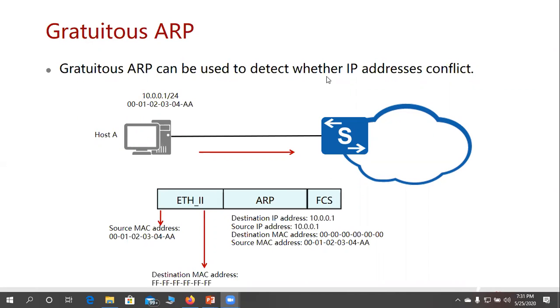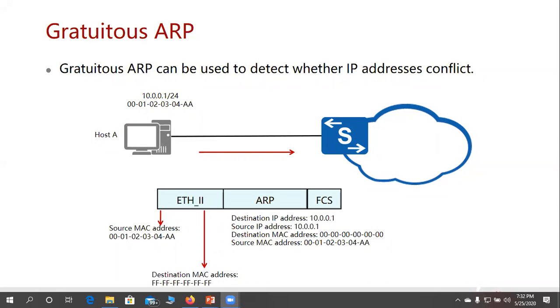So the devices will receive the message, open it, and compare the IP addresses. If they don't match, they'll drop the message. But if any of the devices has a matching IP address, it is going to reply to host A. That's when host A is going to know that there is another computer using the IP address that it has been given.